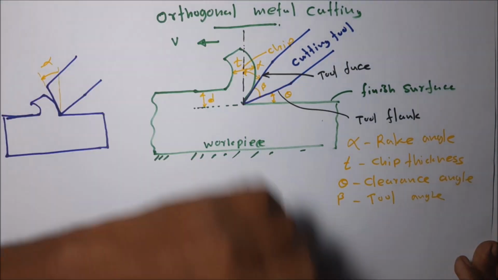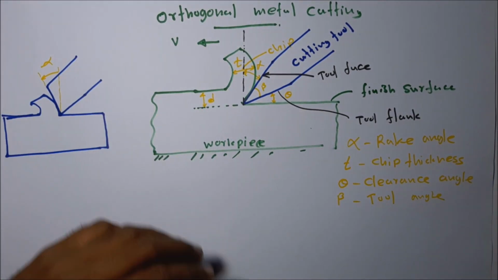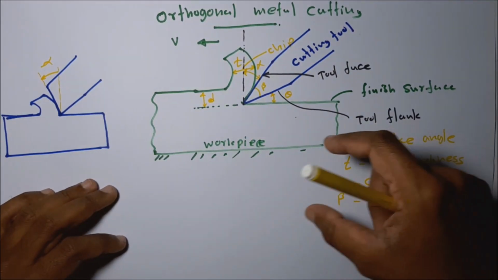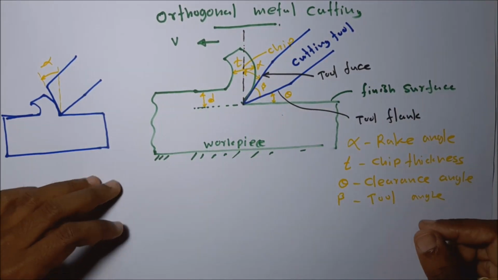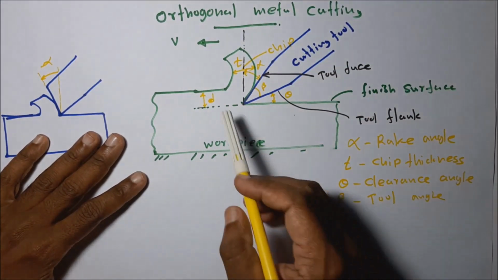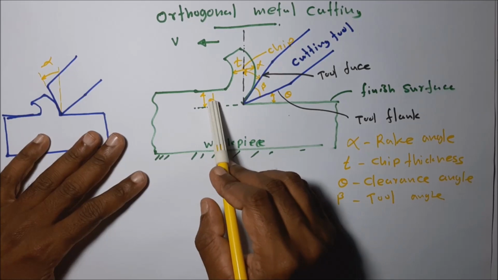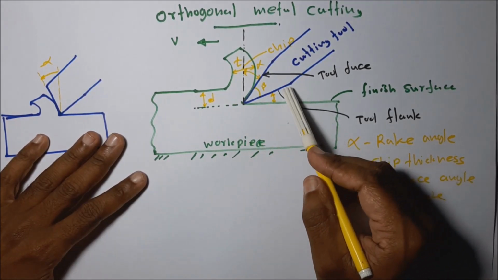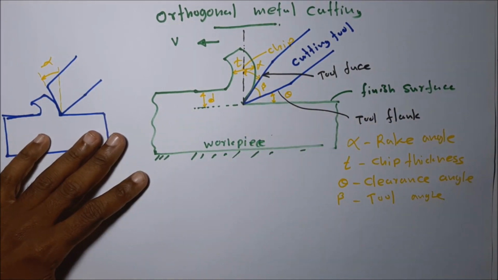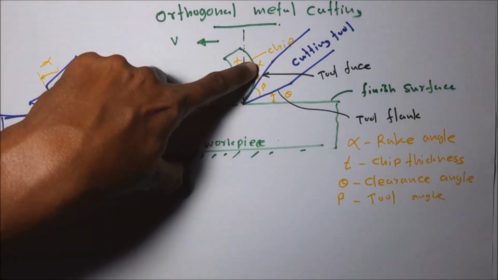For any orthogonal metal cutting operation we can draw this kind of diagram representing these parameters: the cutting tool, workpiece, removing chip, then the undeformed chip thickness, clearance angle, and rake angle.